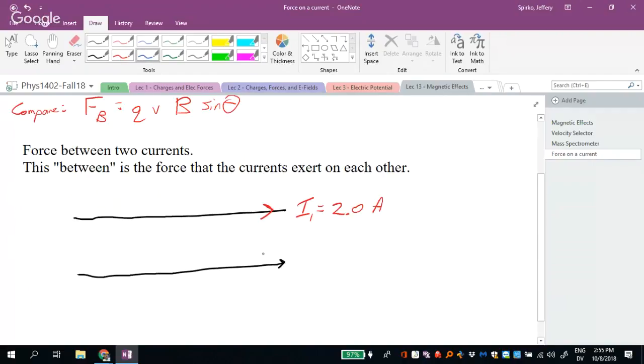And then I just want this to be the line. We're going to have I2 equals 0.3 amperes, two different amounts of current. Now this one is going to be the source, and this one, I call it the object.